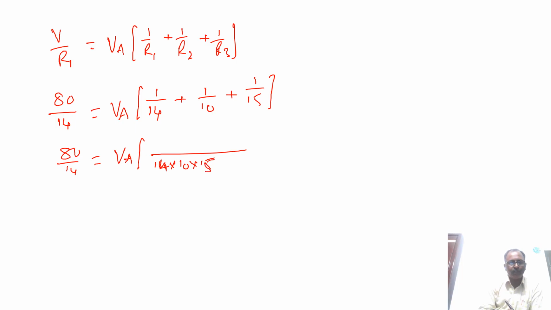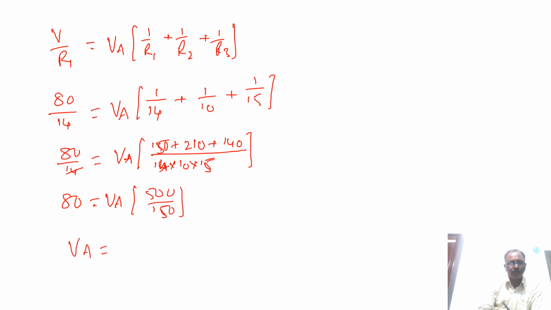So here we get 150 plus 15 into 40, 600... So the total numerator divided by the LCM gives VA.